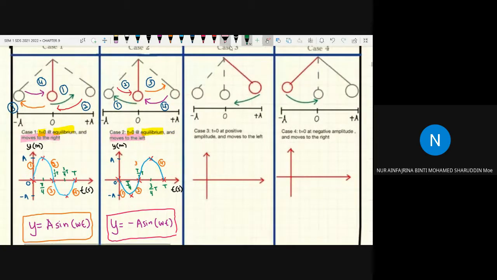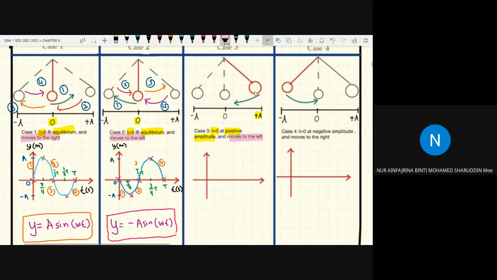Now case number 3. Case number 3 is the same. When time equals 0. But now, it does not start from equilibrium. Instead it starts from positive amplitude. It starts from here, and from here. But now it starts from positive amplitude and it moves to the left first.